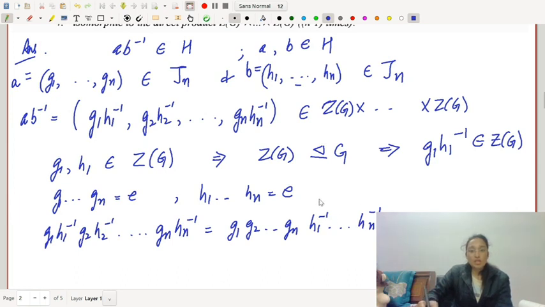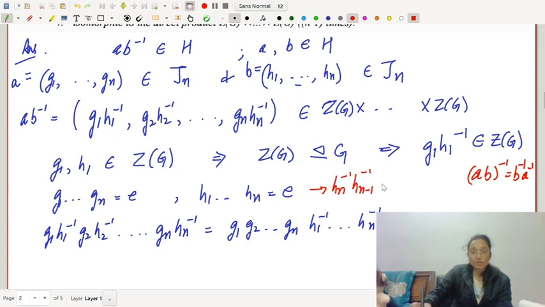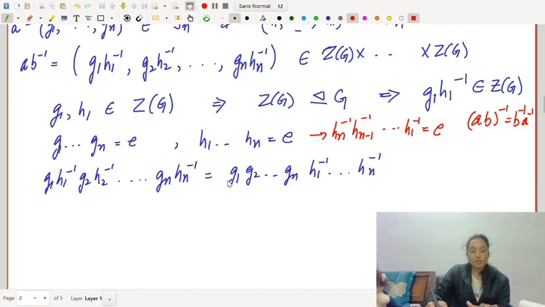Alright, now if we take the inverse of this equation, h1 dot dot dot hn, whole inverse, you know the formula that (ab) inverse is b inverse a inverse by reversal. In the same fashion, it would be hn inverse, h(n-1) inverse up to h1 inverse, e inverse, identity inverse is identity. So we have to again reorder it since they are elements of the center of G and they commute. Alright.